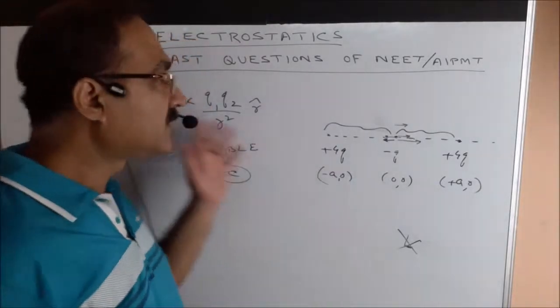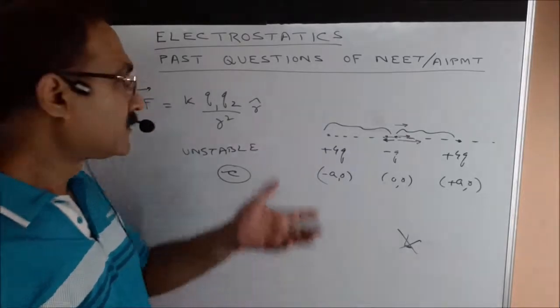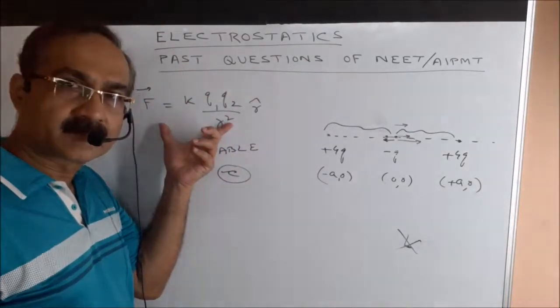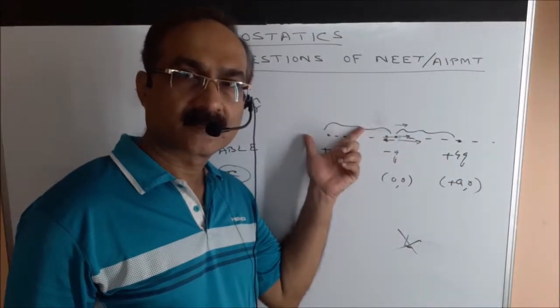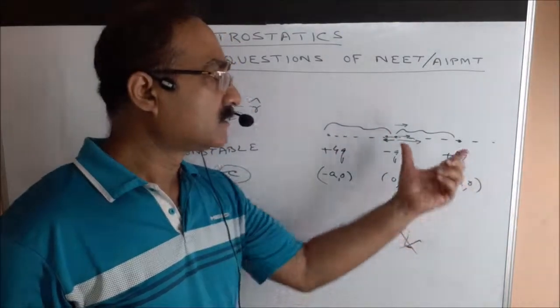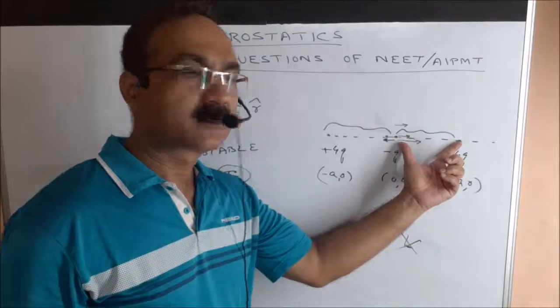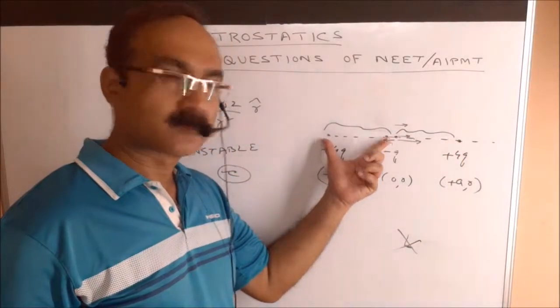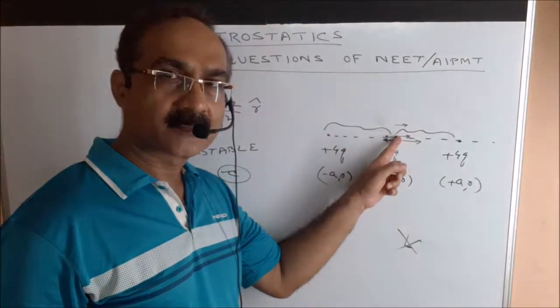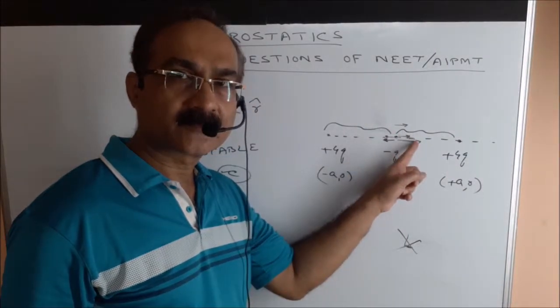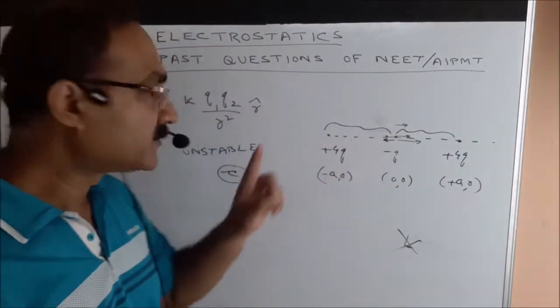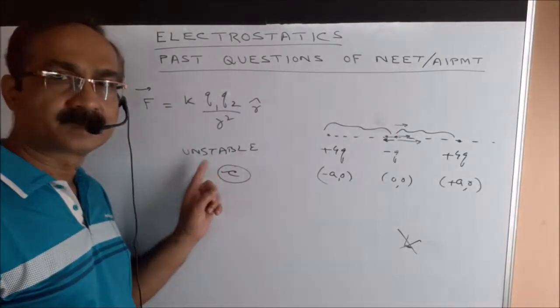So without doing any calculations, by looking at the formula, by looking at the change in the distances, we realize that this force will be higher than this force once this is displaced. So this will go further away from the equilibrium position. So that means this equilibrium is unstable. Done.